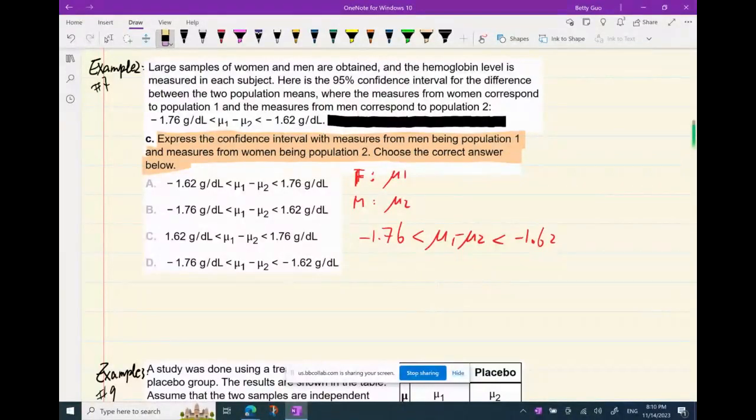If you have a good foundation in algebra, this question would not be a problem. But if you have forgotten inequalities, this would be a problem. So this is what we're going to do. This is a compound inequality.